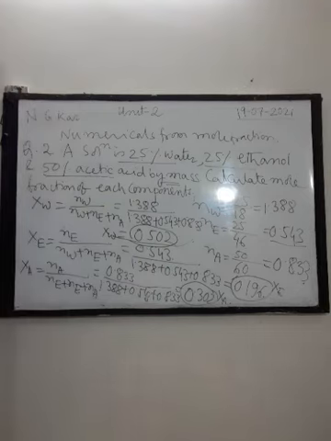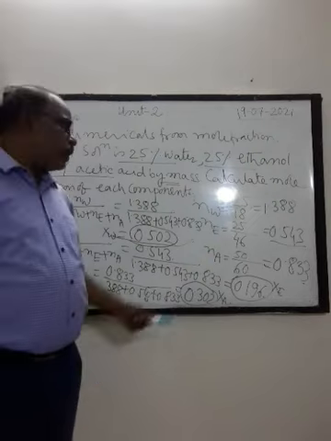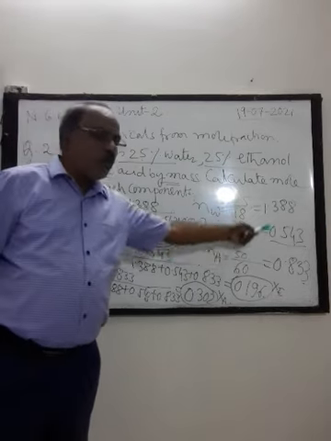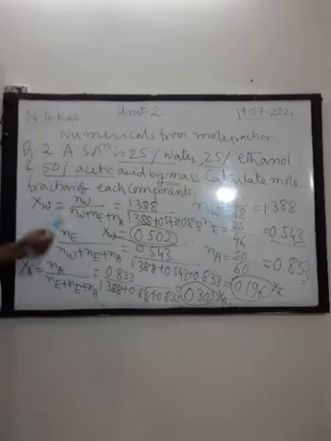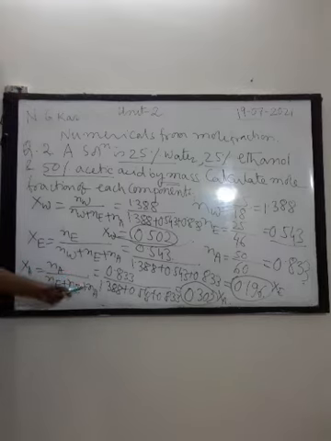So if a two component, three component or four component system is present, first of all it is necessary to find out number of moles of each component by dividing mass by respective molar mass. Then we get their number of moles, and then apply this in their general formula. Mole fraction of water is its number by total number, mole fraction of ethanol is its number by total number, and mole fraction of acetic acid is its number by total number.